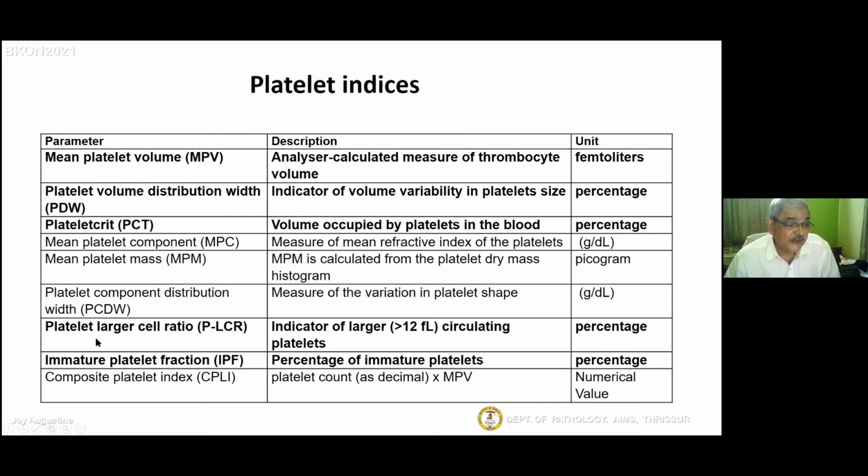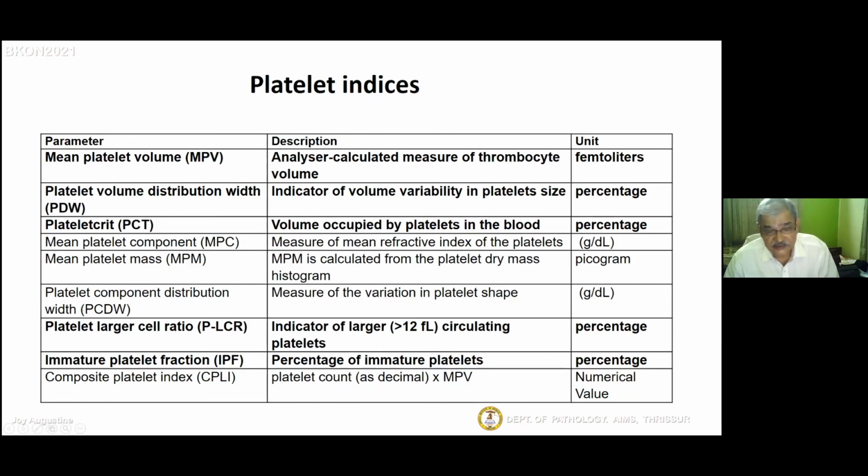Then you have the platelet large cell ratio. What it simply means is that it's a ratio of the large platelets to the ordinary size or the smaller platelets. And the large platelets are qualified as having volume greater than 12 femtoliters.